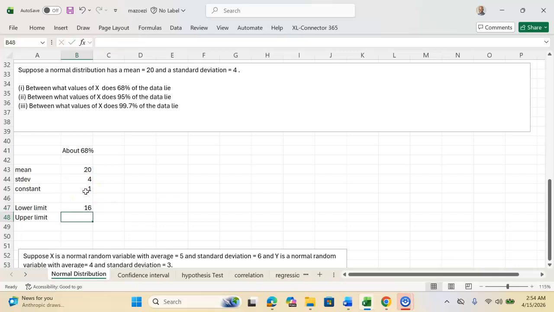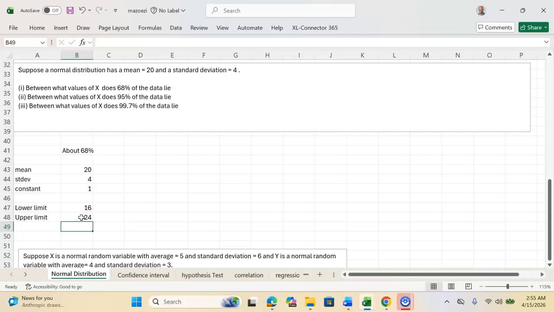And in this case, we're going to get the lower limit. To find the upper limit, I'm going to put equal sign, click on 20 plus 1 times 4. So for the upper limit, we're going to plus, and we have 24.